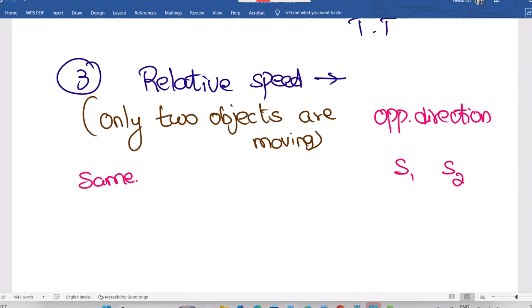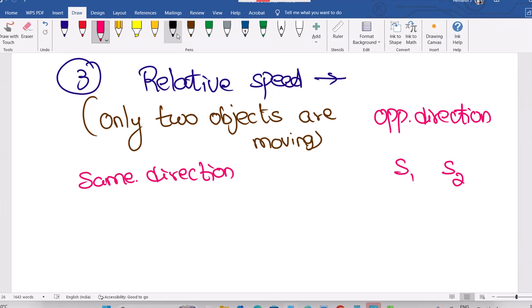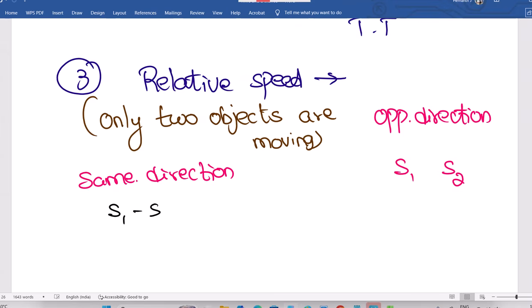Which one? If two objects are moving in the same direction, speeds will be subtracted. If two objects are moving in opposite direction, speeds will be added. Why? You may have that question in your mind: why do we add, why do we subtract here?